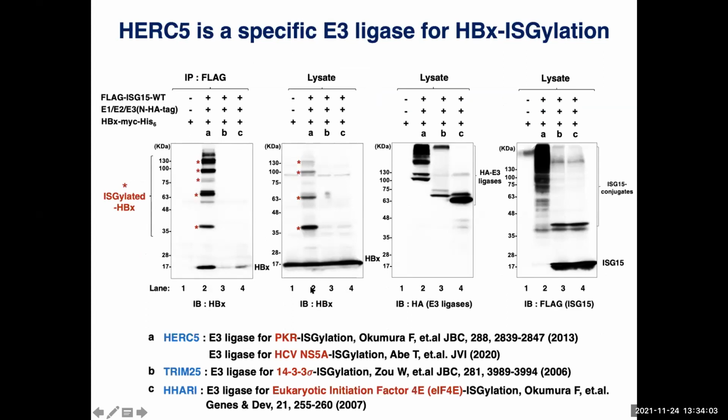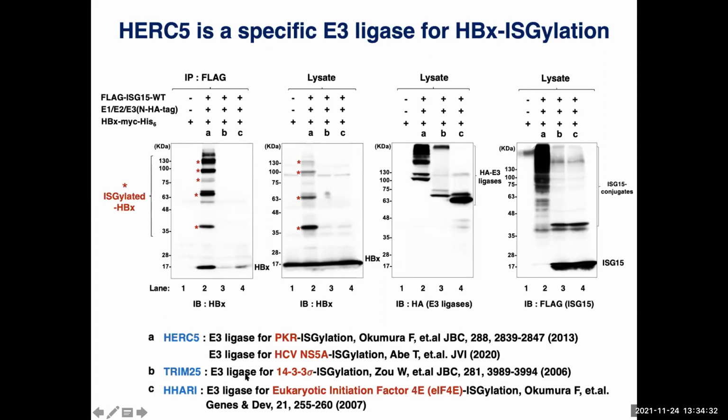Then we asked the question, which E3 ligase is important for ISGylation of HBx protein. We found very similar data to HCV, that HERC5, an E3 ligase for many proteins, is important for ISGylation of HBx protein.